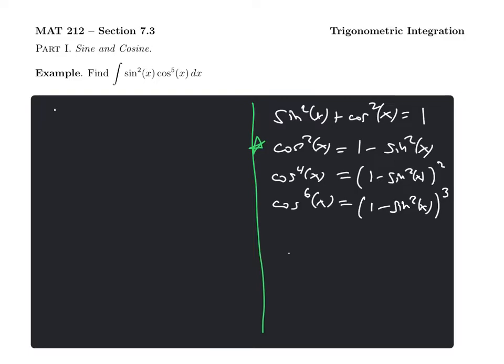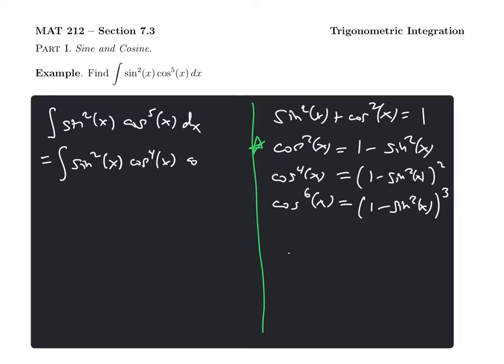So in this problem, I have sine squared x times cosine to the fifth of x. And my first step here is going to be to rewrite this, and this will seem a little silly. The only rewrite that I've done here is changing cosine to the fifth to be cosine to the fourth times cosine.